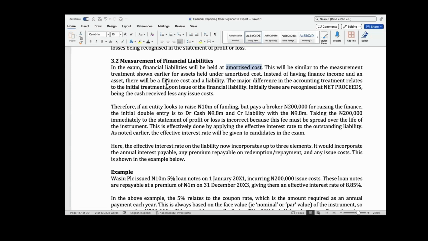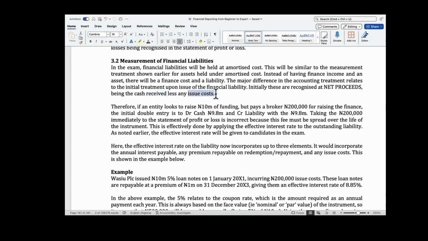So I think I'll just give you one more example so that we can wrap that up. But I need to mention that for financial liability, they are initially recognized and measured at net proceeds. Please note this one. They are initially measured at net proceeds. And this net proceeds is simply the cash you borrowed, or the transaction price, minus any issue cost.